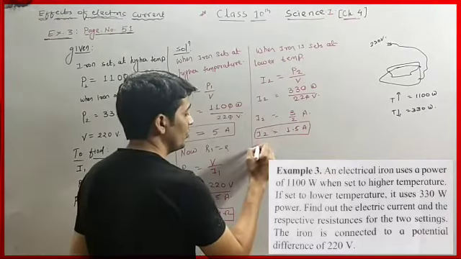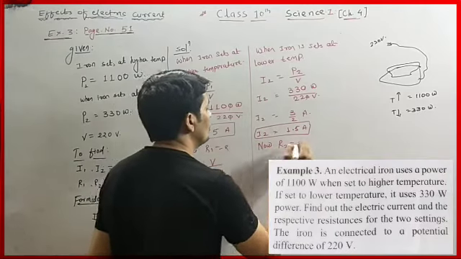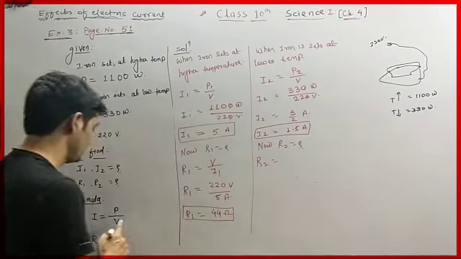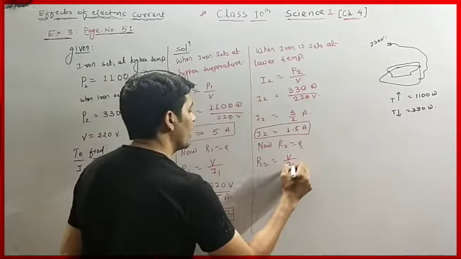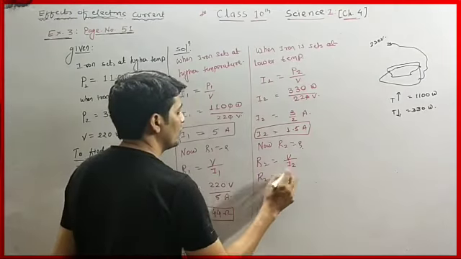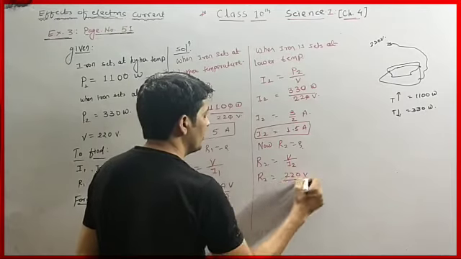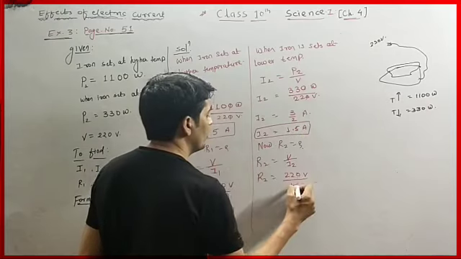Now we have to calculate R2. The formula for R2 is V divided by I2. So R2 equals V, which is 220 volt, divided by I, the current, which is 1.5 ampere.